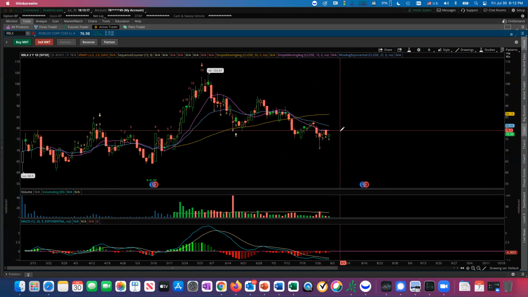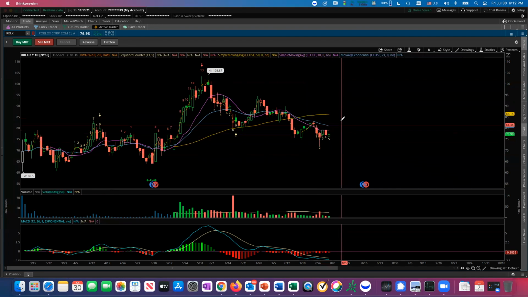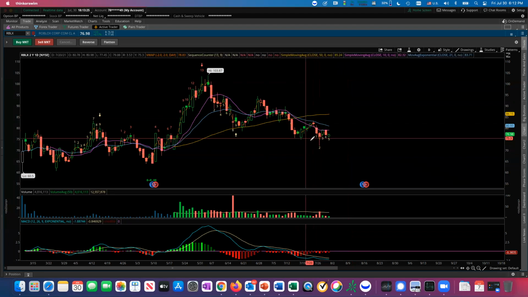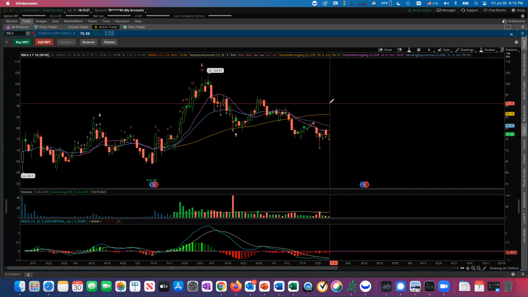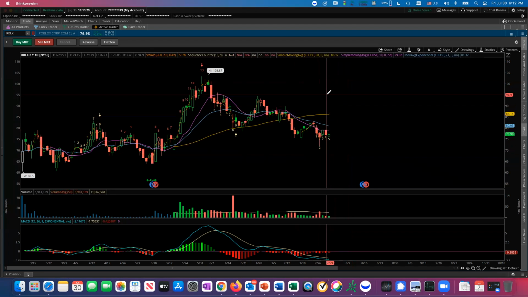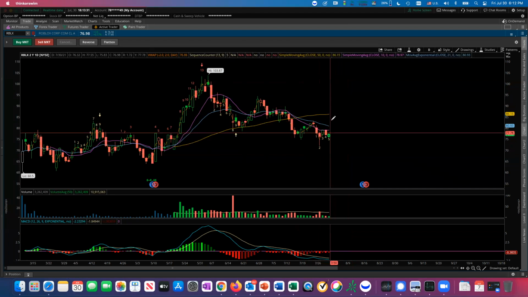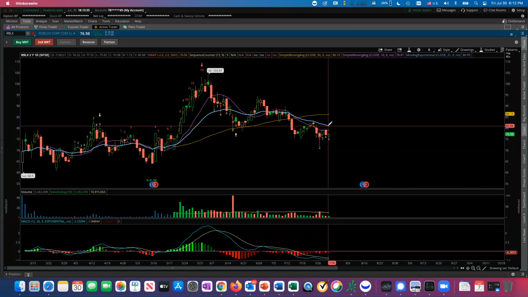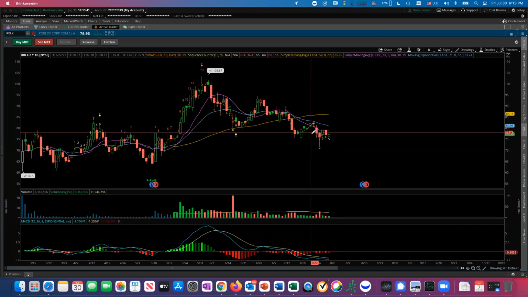As you can see, Roblox is currently trading below all three lines, so that's a bearish sign. You typically want your stock to trade above the moving average line, and the higher the better. But right now it's below the 50-day moving average, below the 21-day exponential, and it's also below the 10-day simple moving average line. So that's a bearish sign.